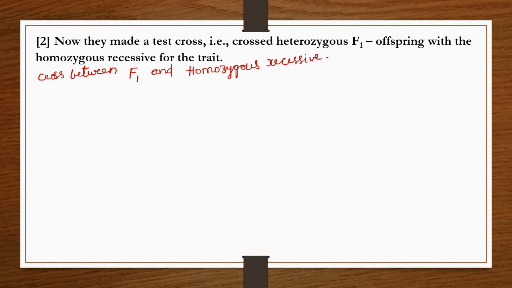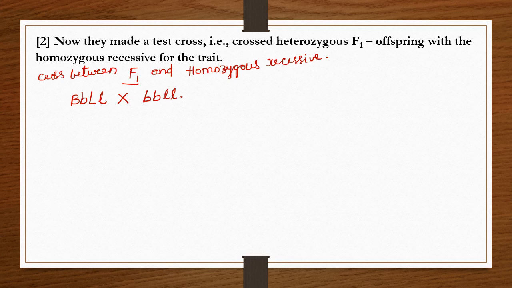So the F1 individual genotype is capital B, small b, capital L, small l. This F1 genotype is crossed with the homozygous recessive, small b, small b, small l, small l.